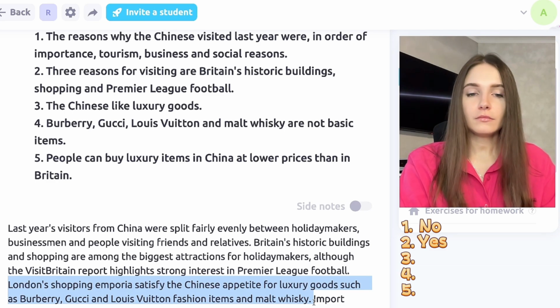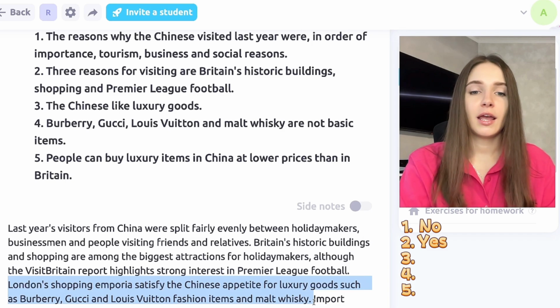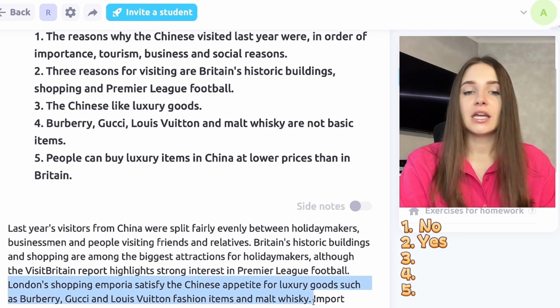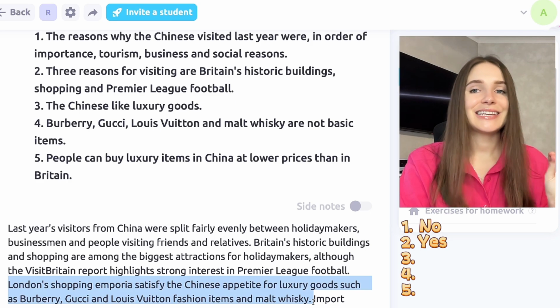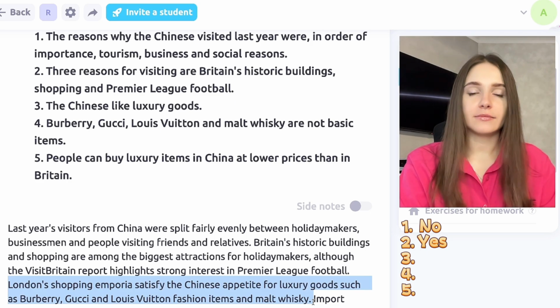So what we have here is information that there are shopping emporia in London, and that these emporia satisfy the Chinese appetite for luxury goods, that Chinese people have an appetite for. So here it also will be yes.